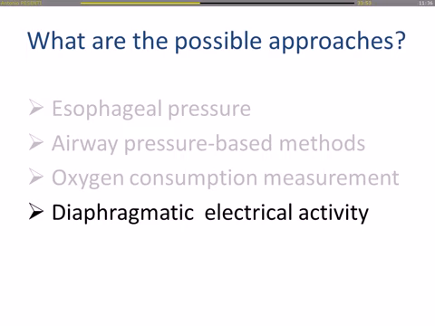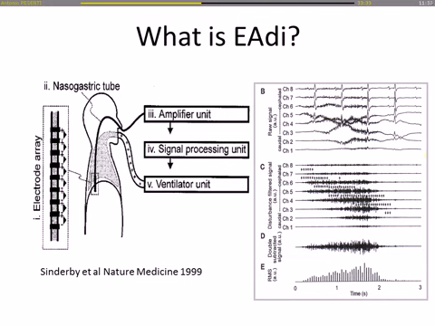But I think the really stimulating new thing here is diaphragmatic electrical activity. This is a non-invasive measurement of the activity of the diaphragm. I am not talking about NAVA. I'm talking about what we can do with the electrical signal coming from the catheter we use for NAVA.